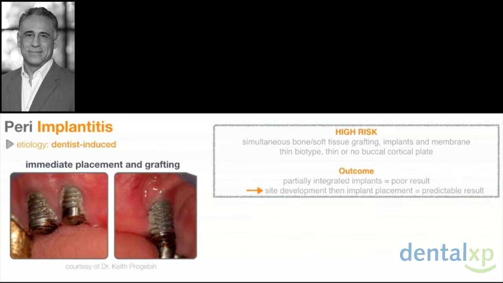One of the rules that I often follow, and Dr. Tarnow, our colleague, has talked about this many times in his presentations: if there is no bone, there is no implant. So it's important to have adequate bone and soft tissue for immediate placement. Otherwise, it's better to stage it, where we can develop the foundation and place the implant later on. The outcome of these cases can be generally poor, and we should avoid it.